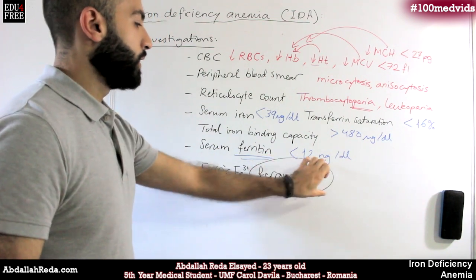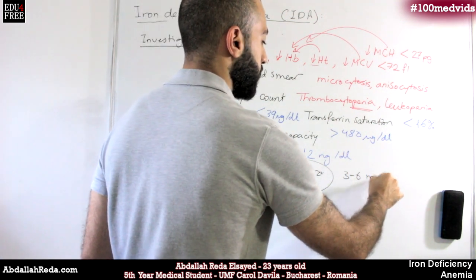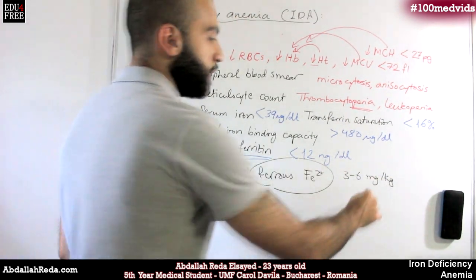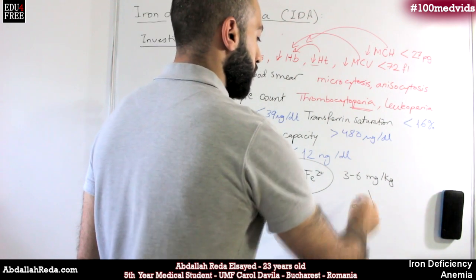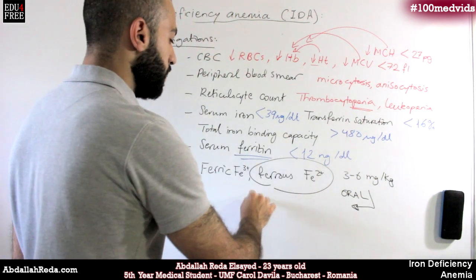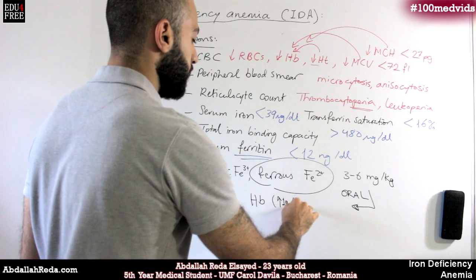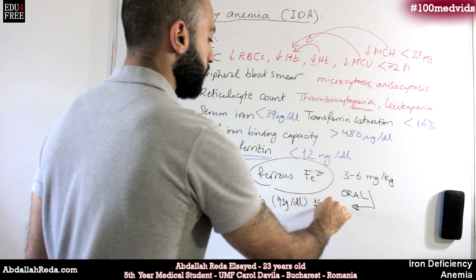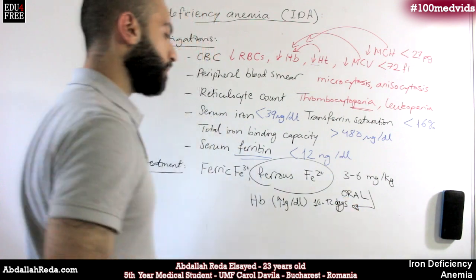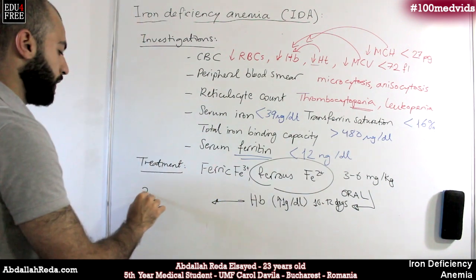So this form is supplied with around 3 to 6 milligrams per kilogram to the kids, and through oral route the hemoglobin would raise with about 1 gram per deciliter in 10 to 12 days. So the treatment has to be continued for 2 to 3 months.